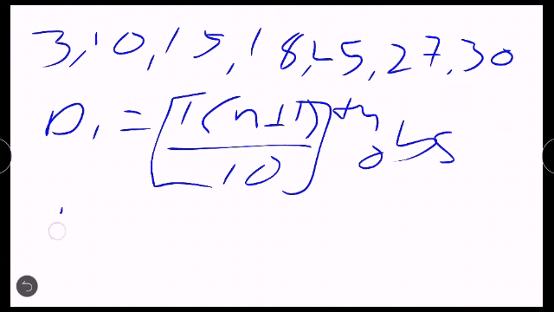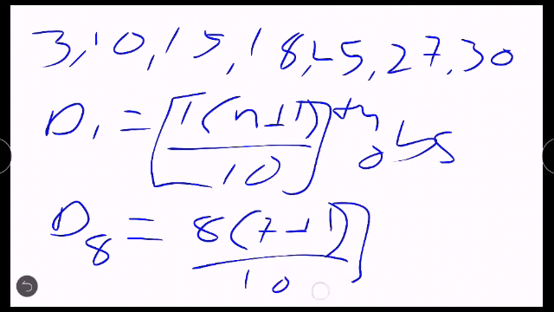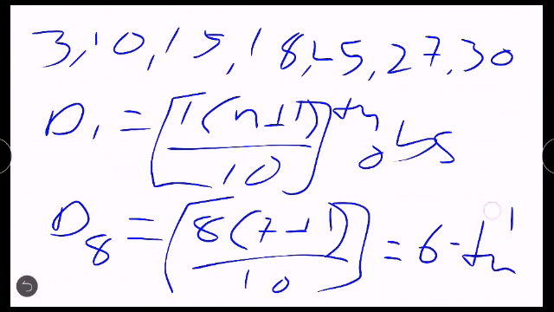So if we want to find D8, that is equal to 8 into bracket, total observations are 7, so n is 7 here. So 7 plus 1 divided by 10th observation. So 7 plus 1 is 8. 8 into 8, 64. 64 divided by 10 is 6.4th observation.